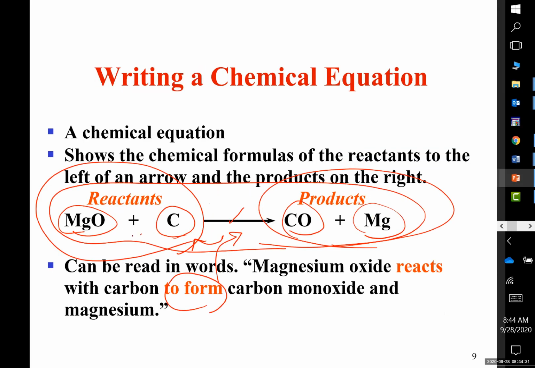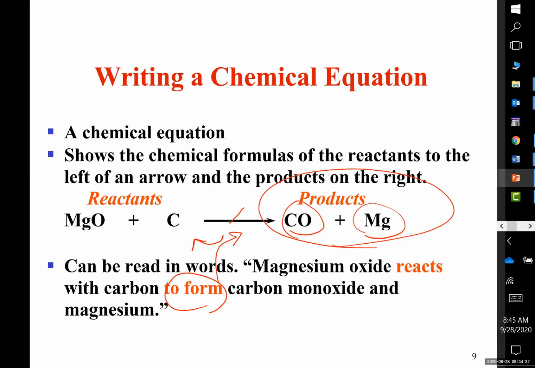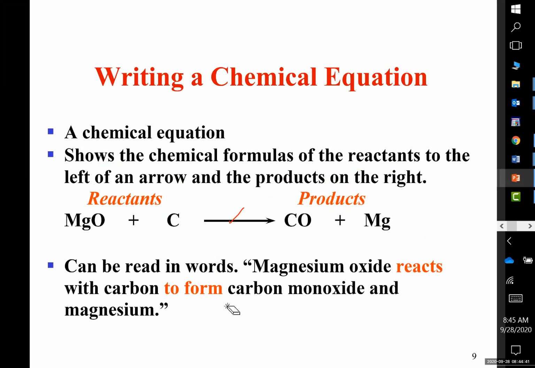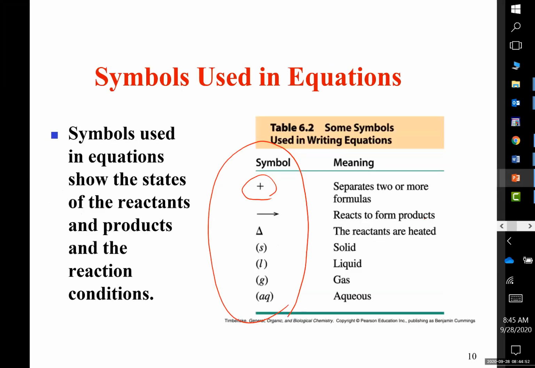See, it separated reactants from each other. Can I also say that it separates products from each other as well? So plus means separation between substances, reactant or product. That's what we use plus for in a chemical reaction.